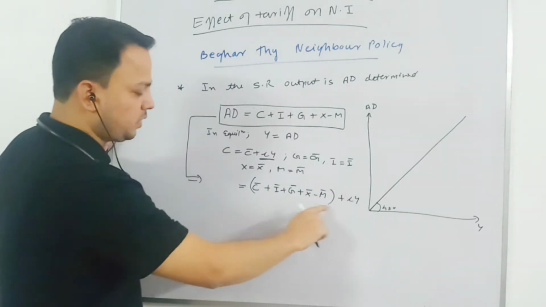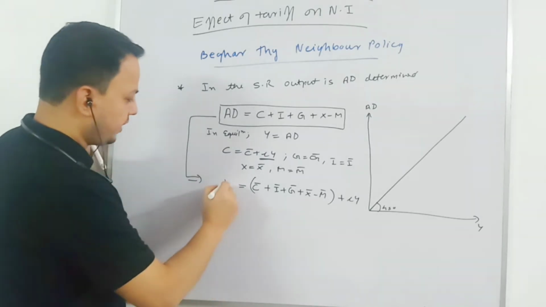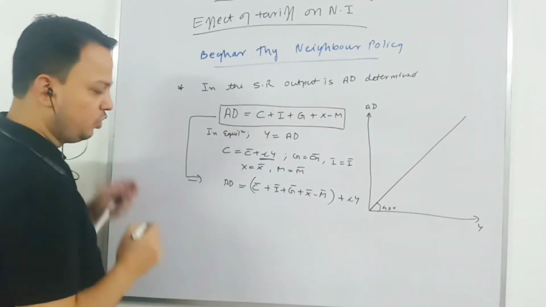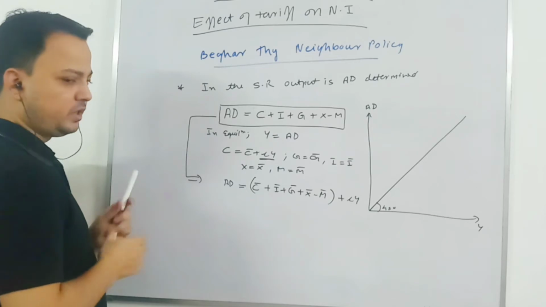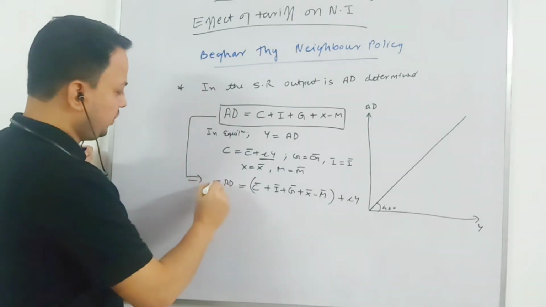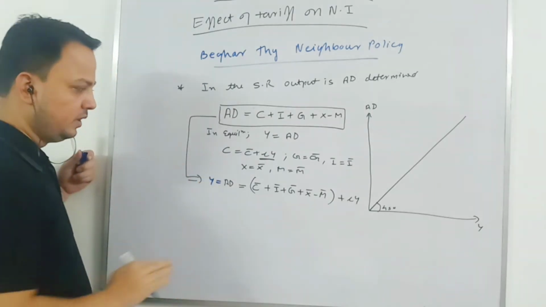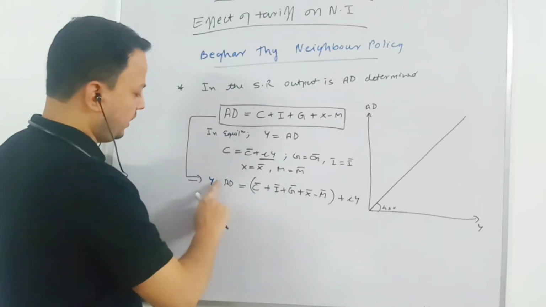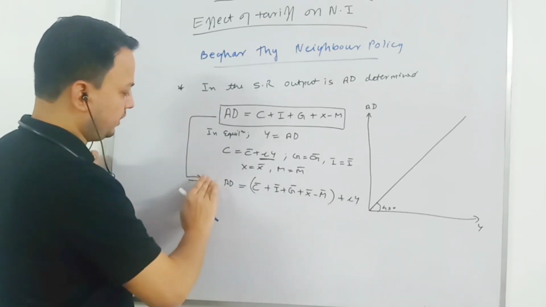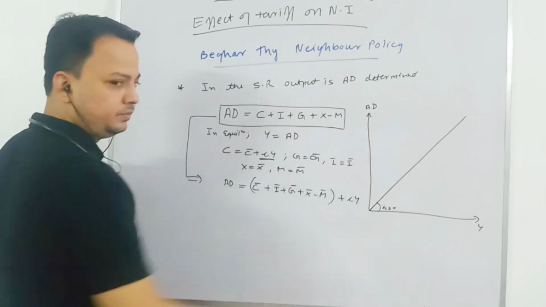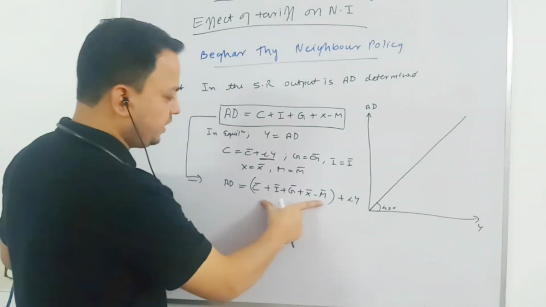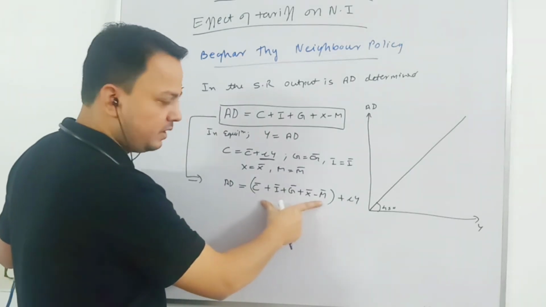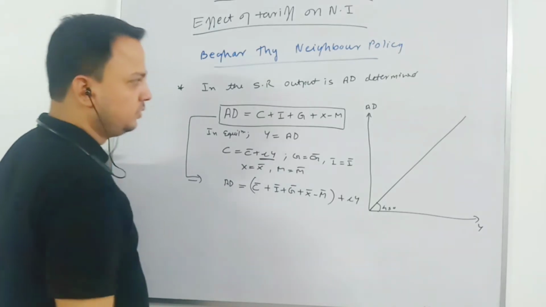This is your aggregate demand, and in equilibrium, output is demand determined, so this will be equal to Y. Now let's plot this equation on the graph. My intercept will be this autonomous term, right? And what will be my slope?